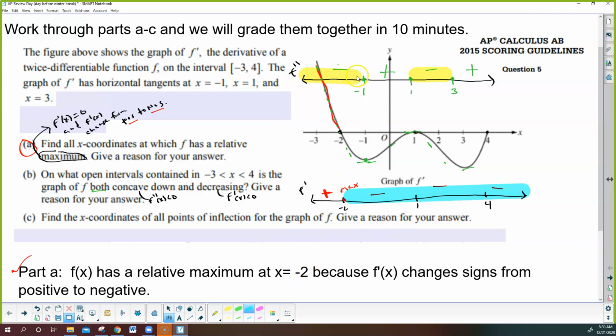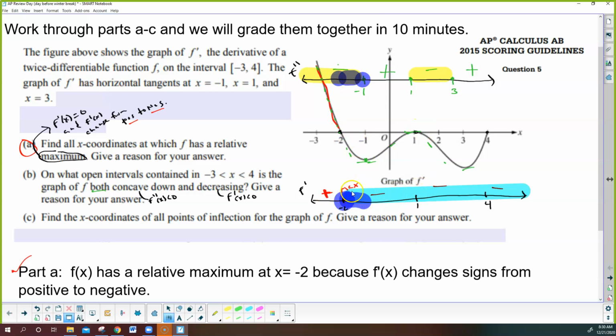Well, what's the overlap? I need to get exactly both of those values. So notice, at -2, I would be right here, and then I'm negative and decreasing until 1. So I'm going to go from -2 to -1. Maybe I'll put a little interval there. That's where I'm both decreasing and concave down.